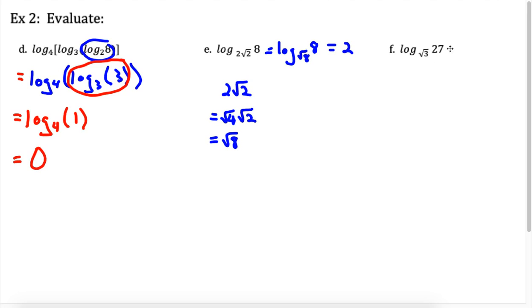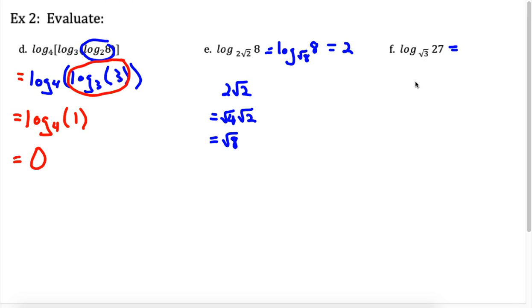We want to do something similar here. We don't have to rewrite the base, but we want to think the square root of 3 to what power is going to be equal to 27. Well, I know that 3 to the third power is equal to 27.